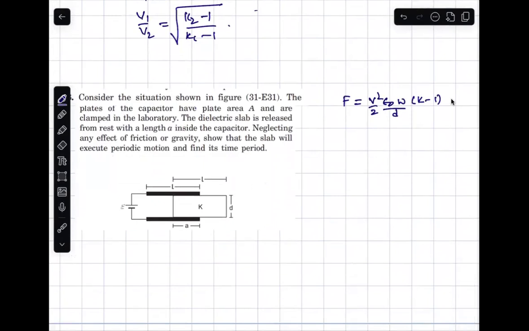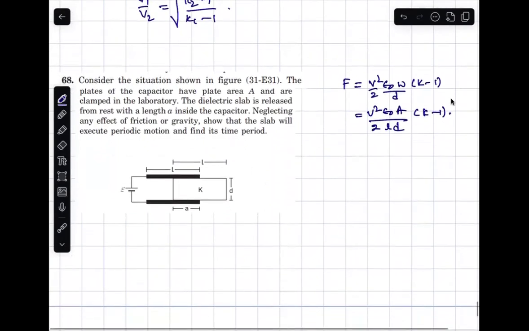The plates of the capacitor have plate area A and are clamped in the laboratory. So you cannot write in terms of width, but you can write this in terms of K minus 1. Remember, it is a constant force.